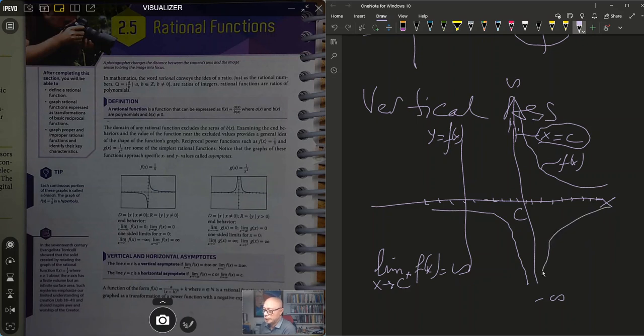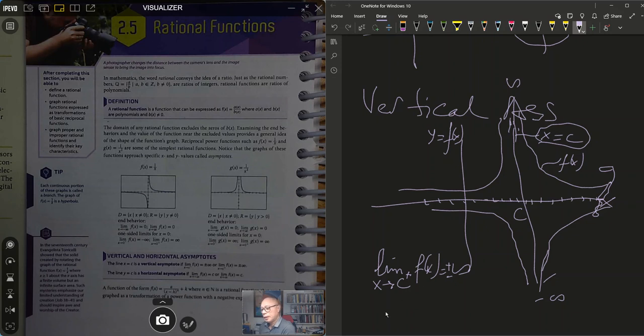It could be like this, or from here it could also be like this, depending on the function. So it could be positive or negative infinity if x goes to c plus.